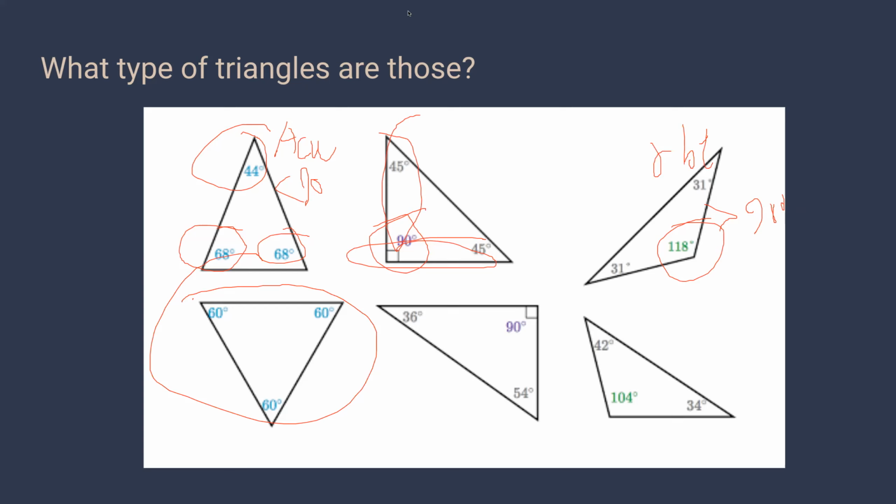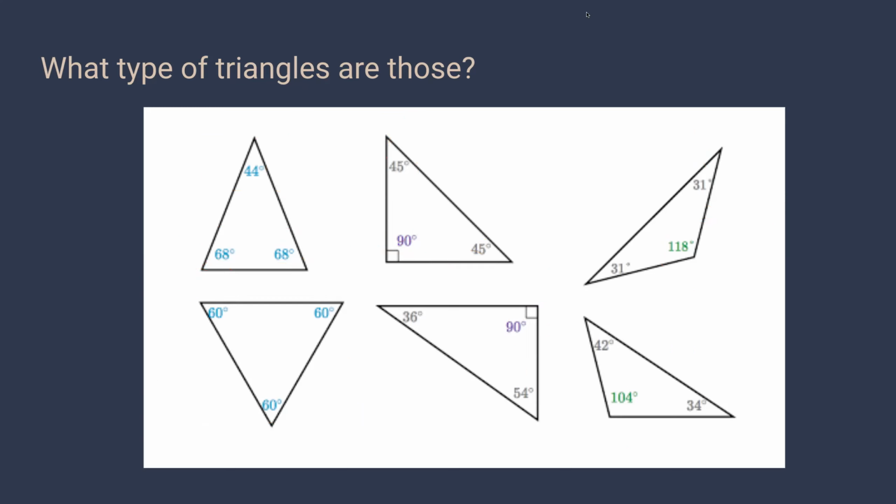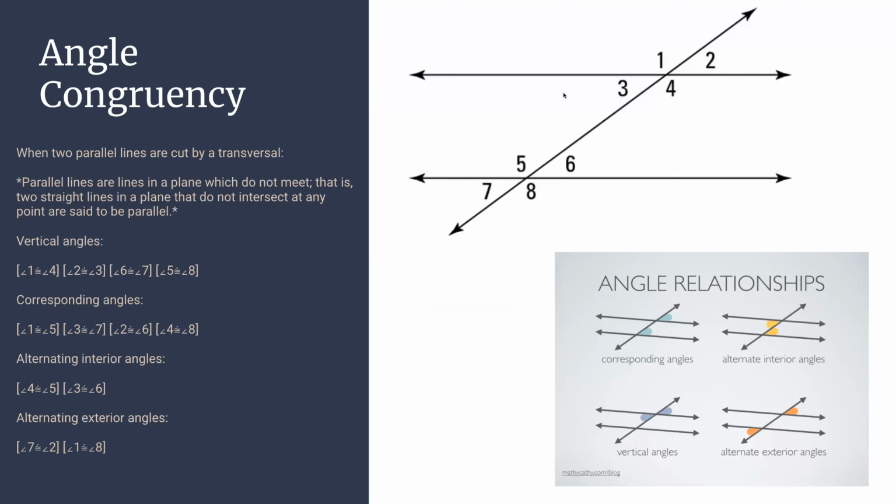And the fifth one has a 90-degree angle, so it is a right triangle. And the last one has one 104-degree angle, which makes it an obtuse triangle. Next slide, please.